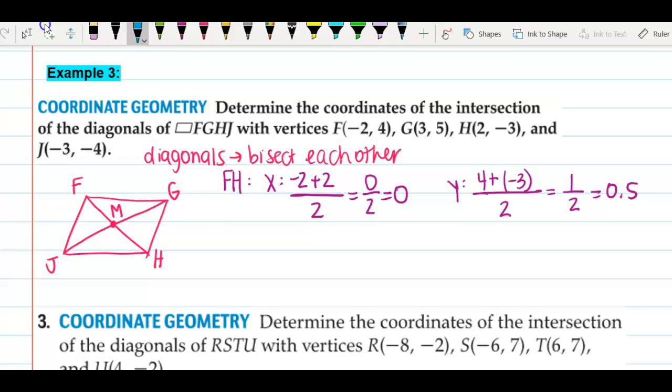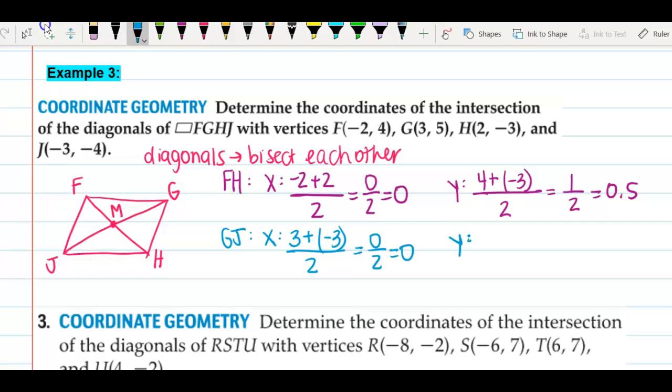Okay, and just for the sake of practicing, let's make sure that it works out for our other diagonal, which would be G to J. So our x-coordinate of G is 3. And then remember, we're always adding. The x-coordinate of J would be -3, over 2. 3 plus -3 would be 0, divided by 2, still 0.